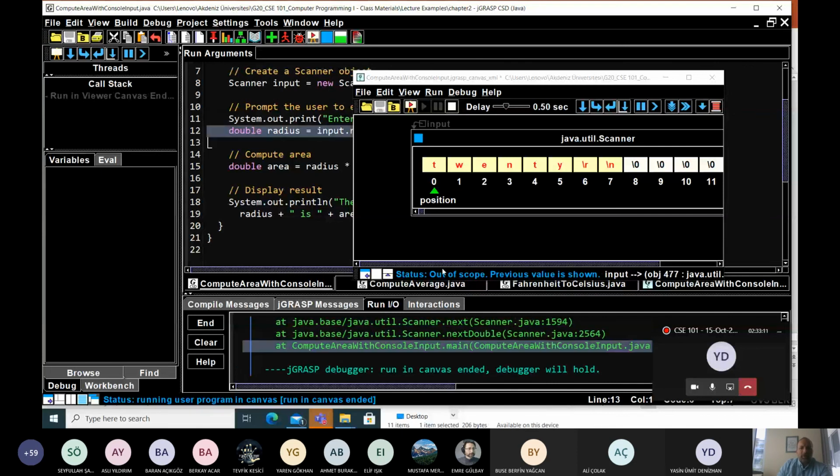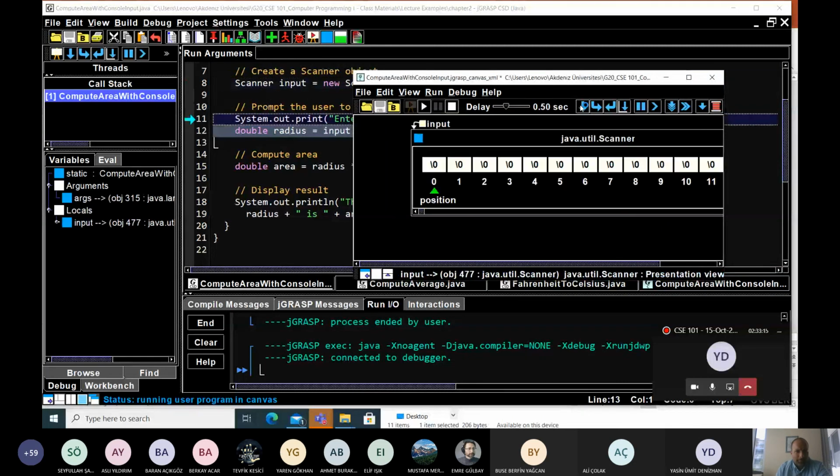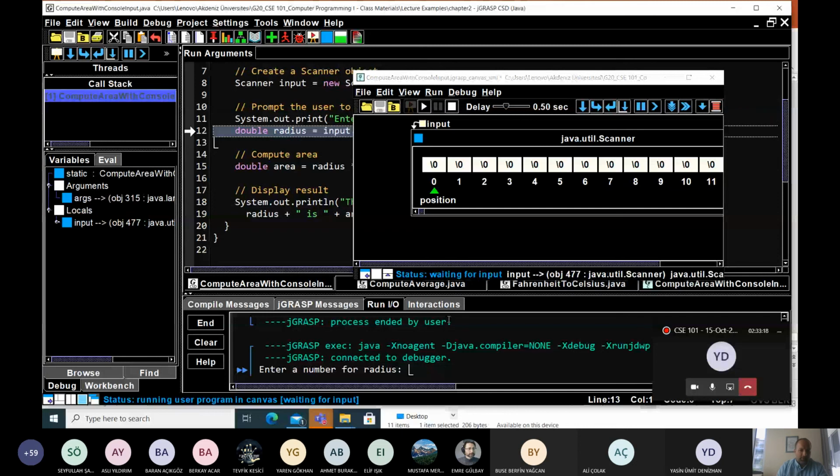Okay, so what about if we do this? What happens if our user does something like 20.4, like that? Okay. All right. So what's going to happen? All these characters are going to get in there.